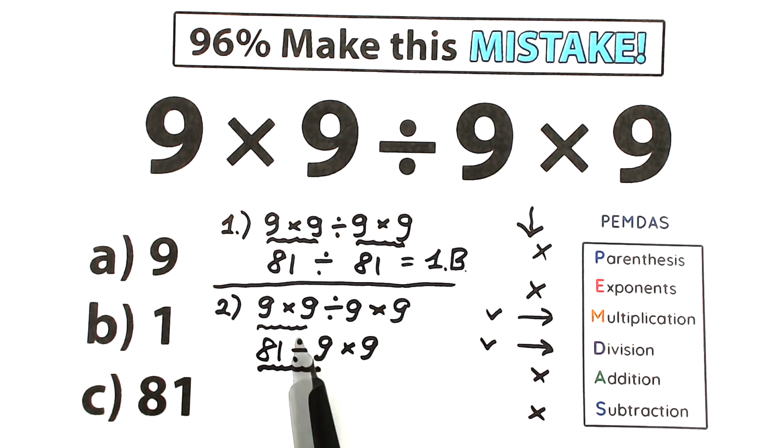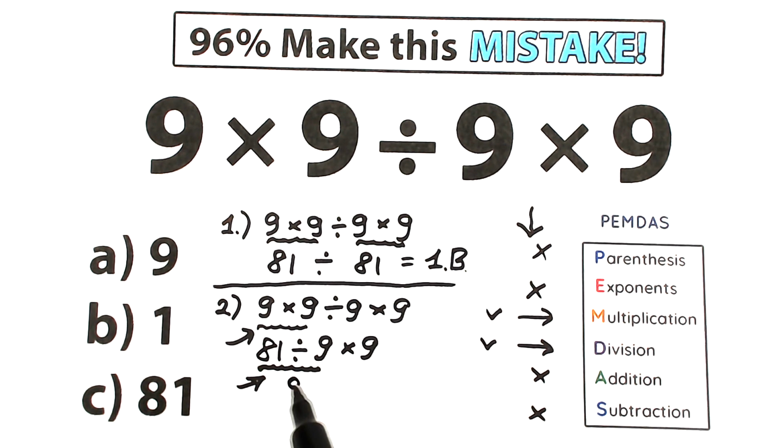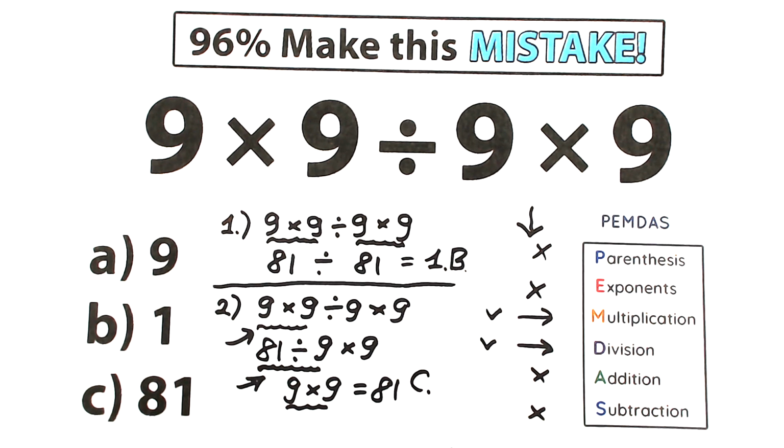The second step is this division: 81 divided by 9 equals 9. So 9 times 9 equals 81. And really interesting moment, because we have this option. This is option C.